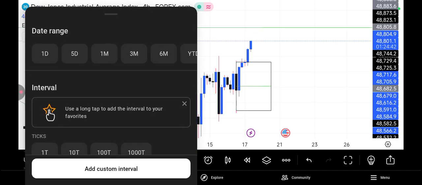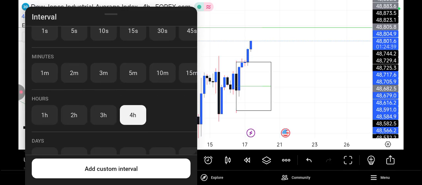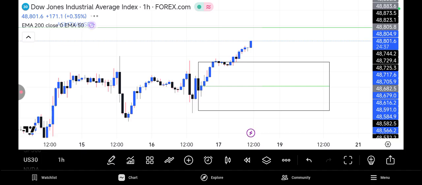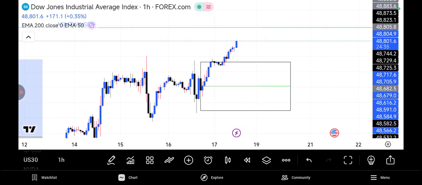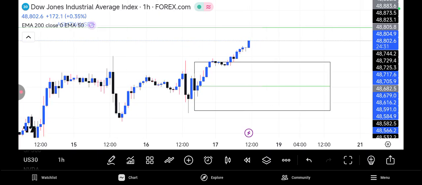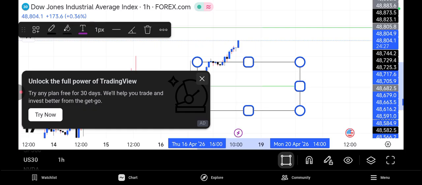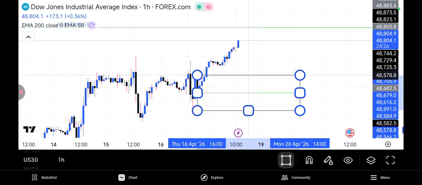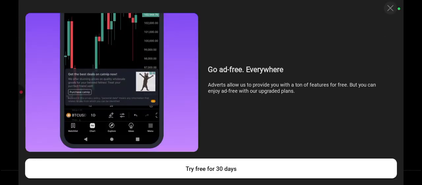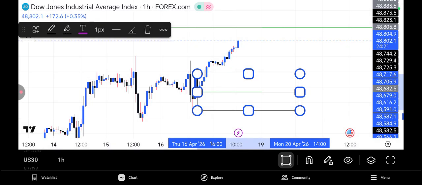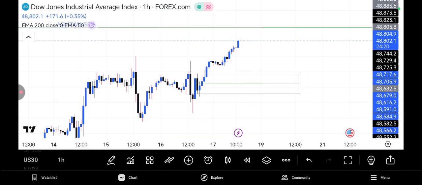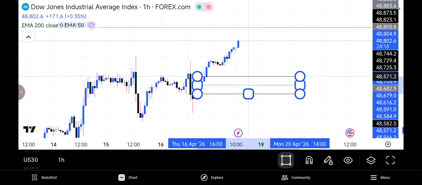Let's go to 1 hour and refine it and see what we have. You can see it, this is it. So this is where we're waiting for price to come to. Let's mark this other block.